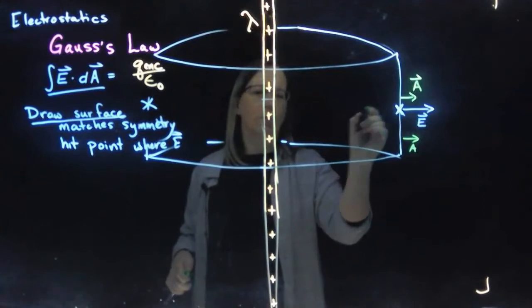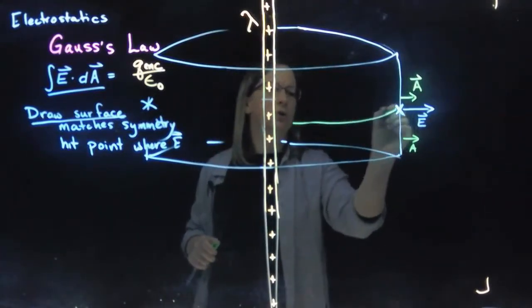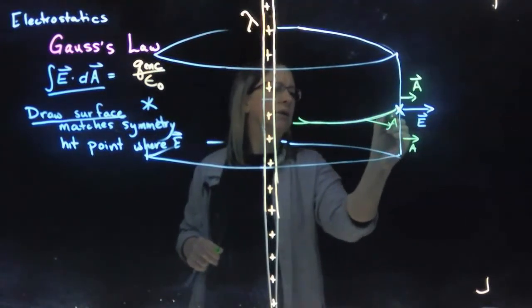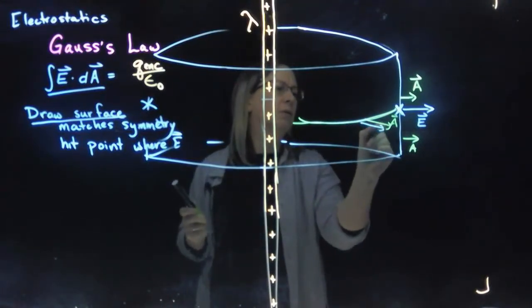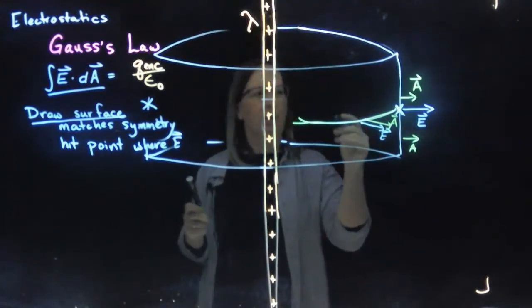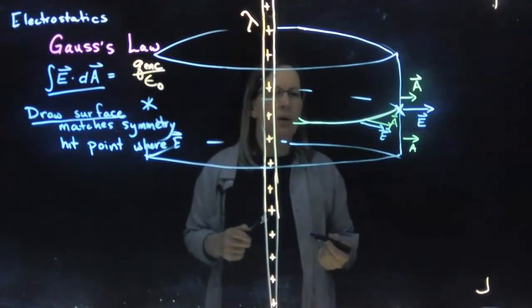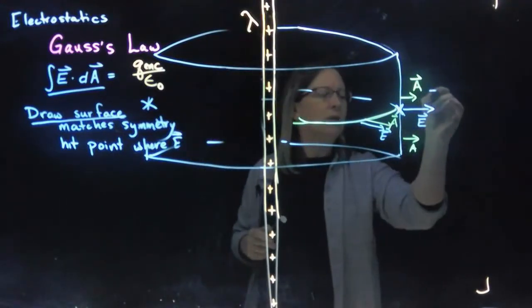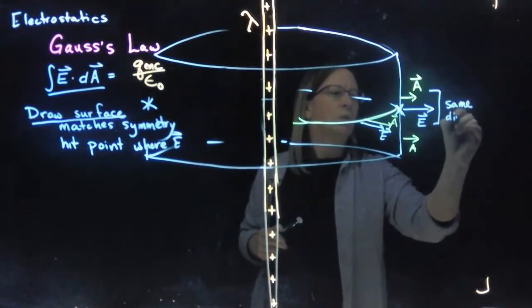If I'm going around this cylinder, this is a curved surface, and A points out in this direction, but E also points out. If I'm on the back side, I can go this way and do the same thing. So all the way on this curved surface, I'm going to argue that these are in the same direction, which is nice.